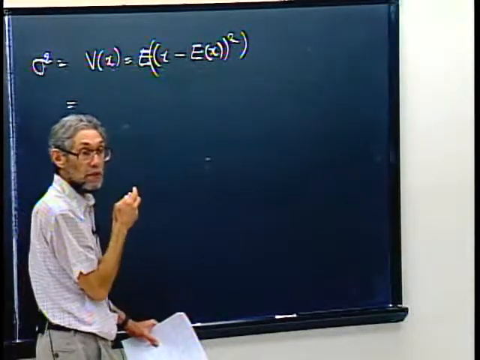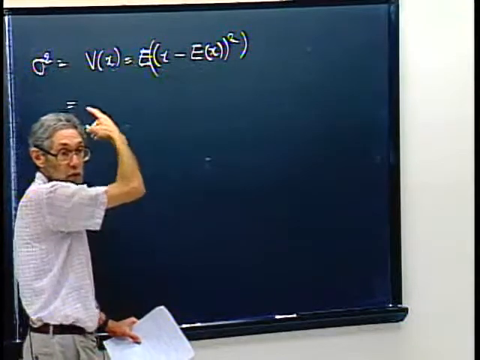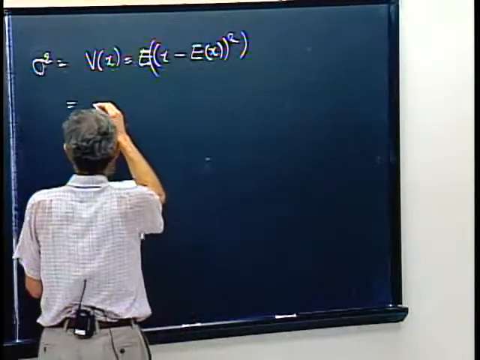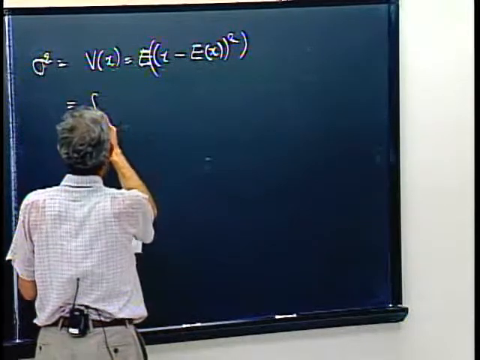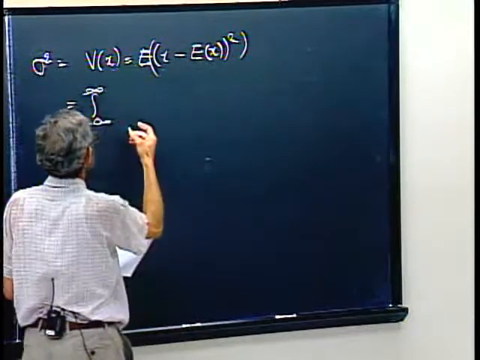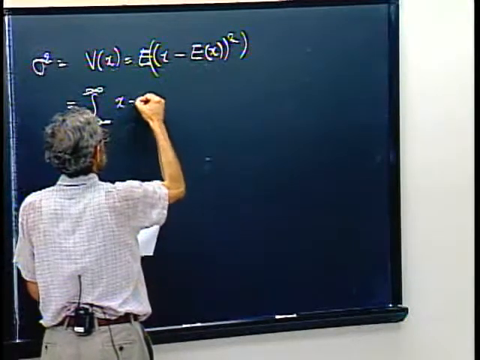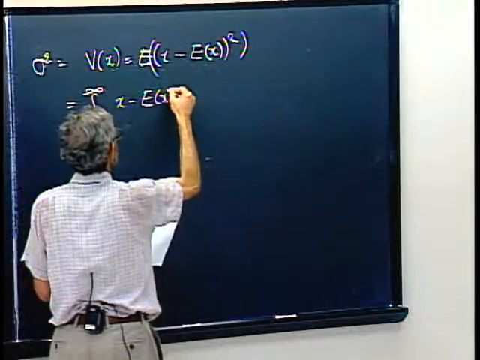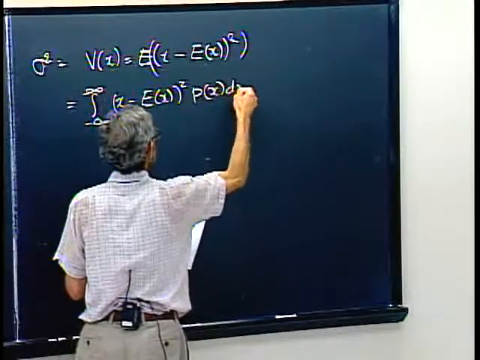Root mean square, basically, is the sigma, which is the standard deviation, if you took the square root of both sides. So this is the integral from minus infinity to infinity of this particular function of x, which is x minus E of x squared times the probability of x dx.